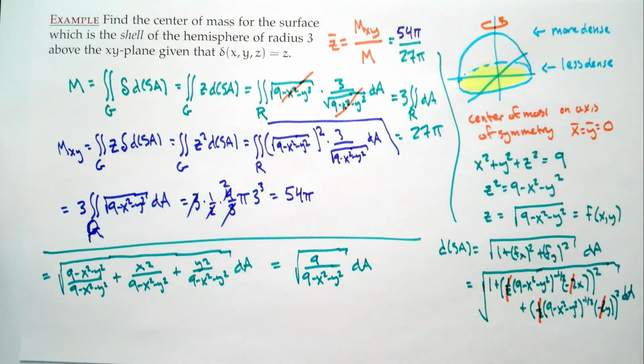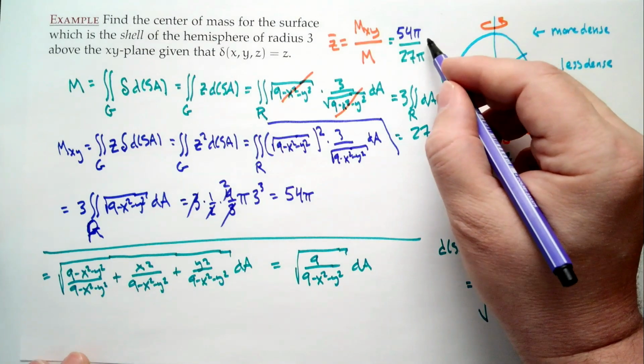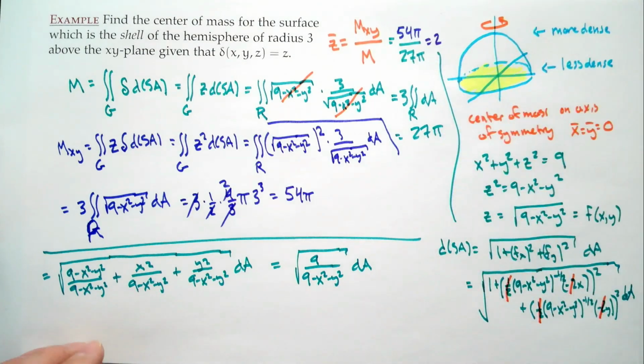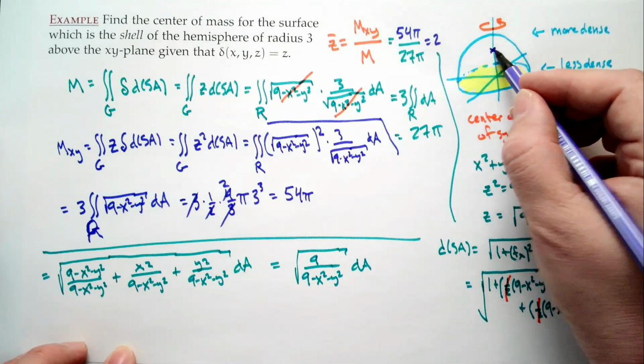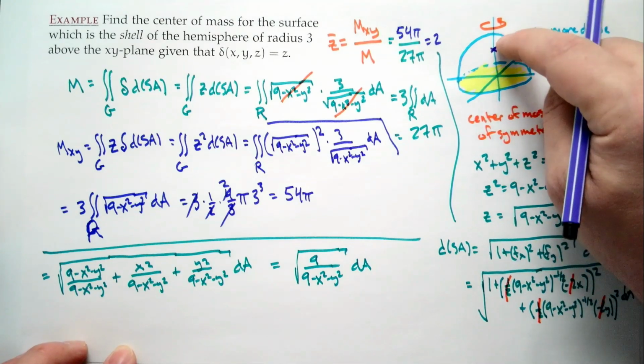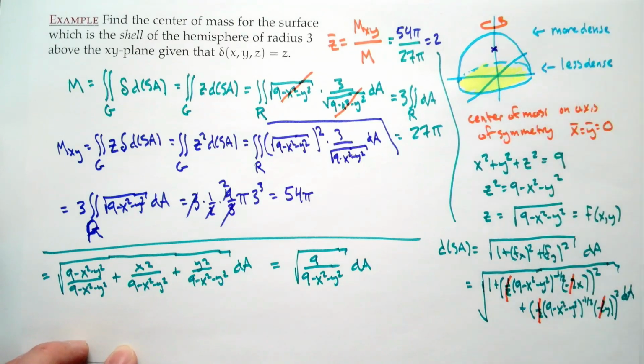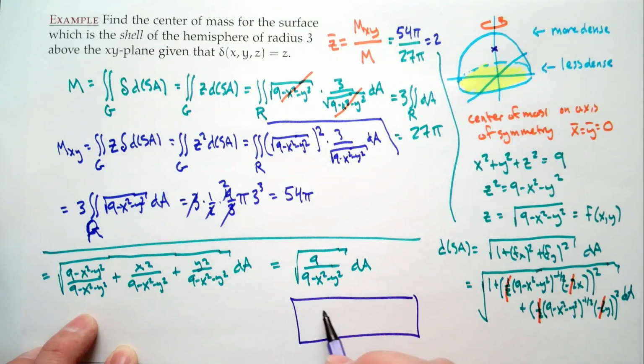Now we have to do a little bit more math, and then we'll be done. If I take 54 pi, and I divide that by 27 pi, what do I get? I get 2. Therefore, our center of mass is about 2/3 the way up, because I start at 0, the top of it will be at 3. And so the center of mass is, well, we'll put it down here in this box, (0, 0, 2).